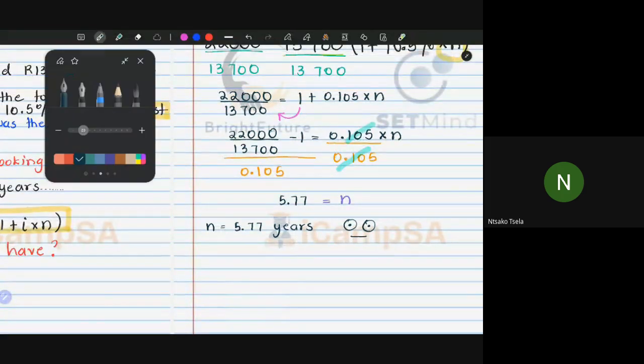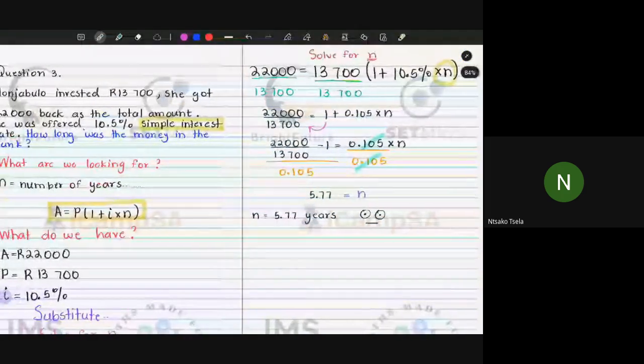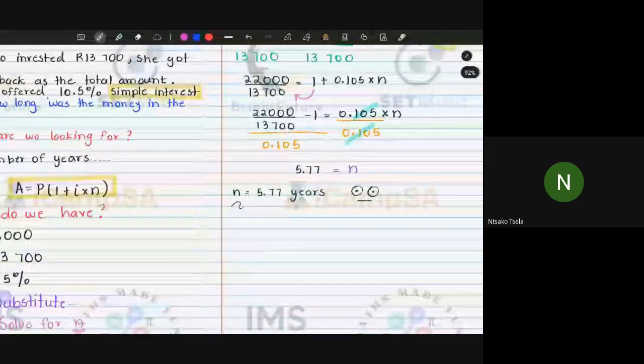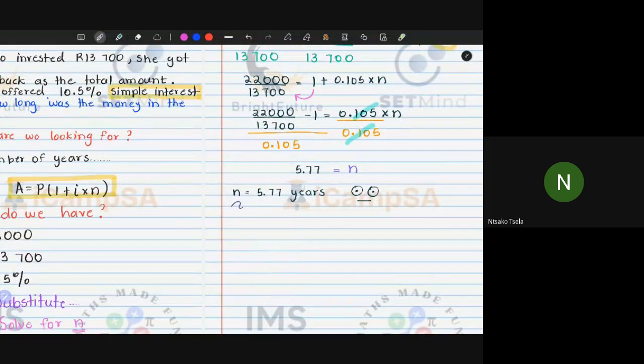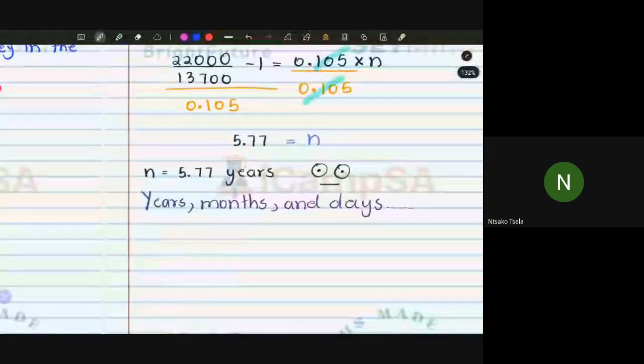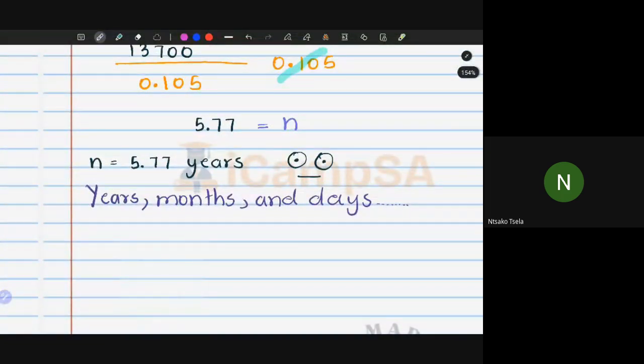Some problems, guys, I think I explained it to you previously, require us to present our answer, let's say in years, months, and days. So let's try and do that with this problem. Can you explain that to a person?